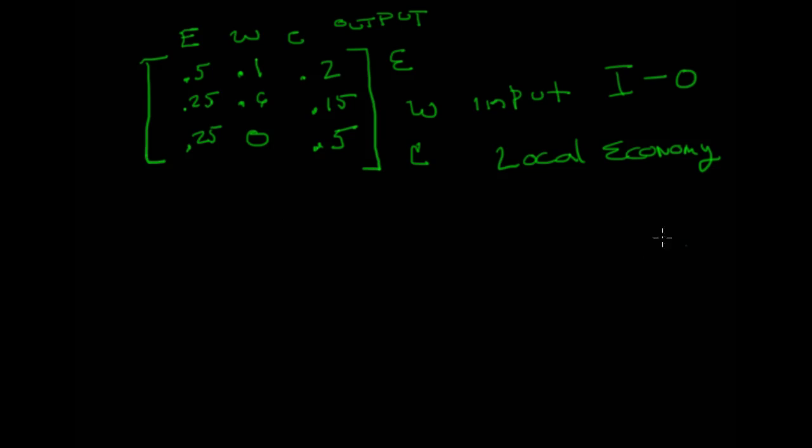So my local economy is actually going to interact with a world, and that world is going to make a demand upon the local economy, which means I have to know what rates I have to produce in order to meet that external demand.